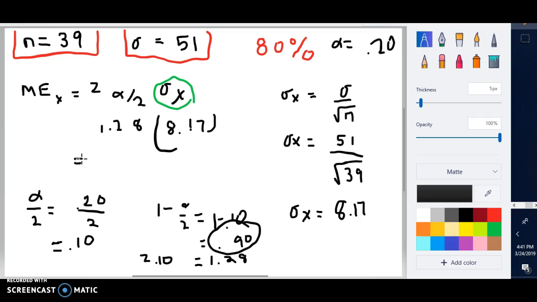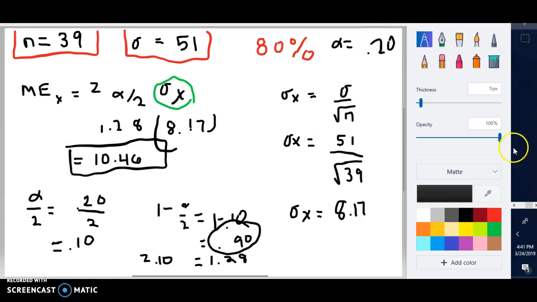When you multiply there, I don't even think I wrote that down, so let me do that real quick. It's 10.4576. We're going to round to 10.46, and that would be our answer.